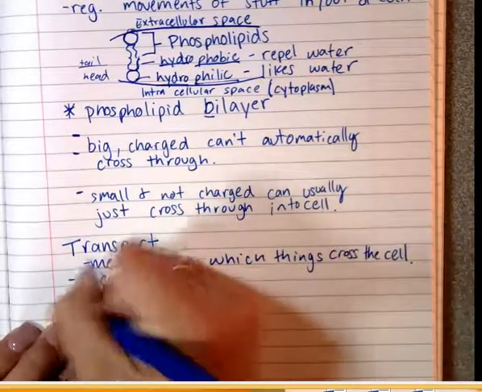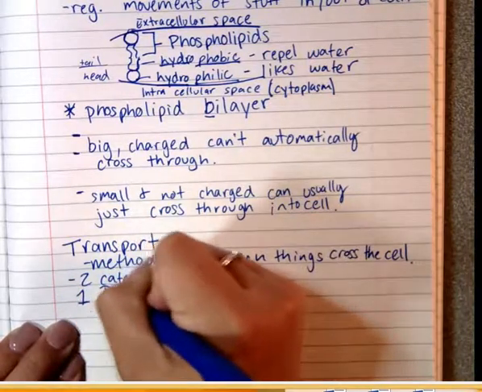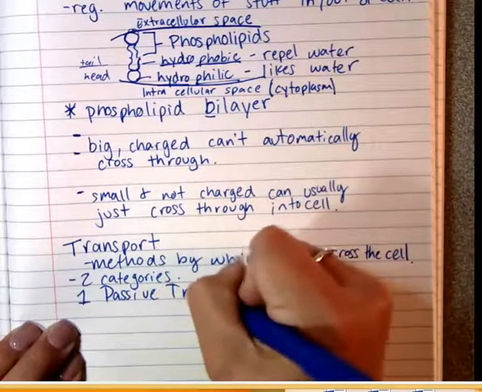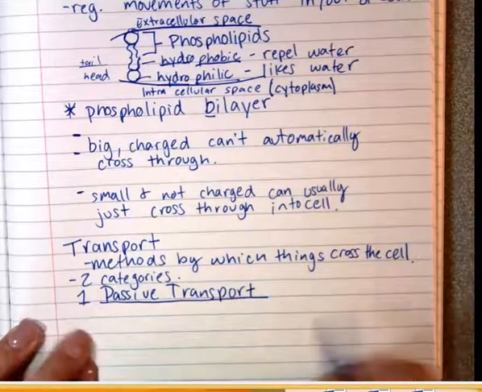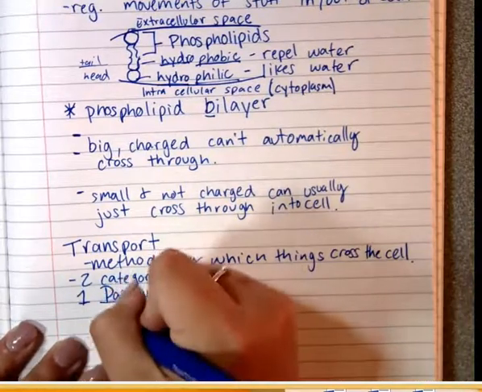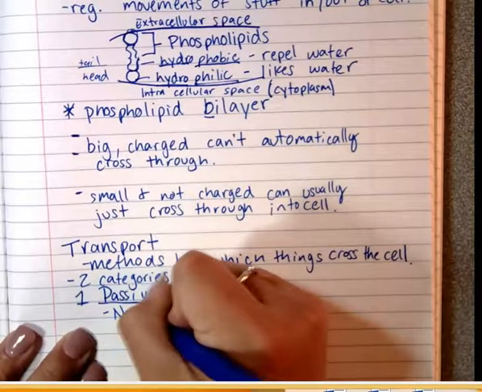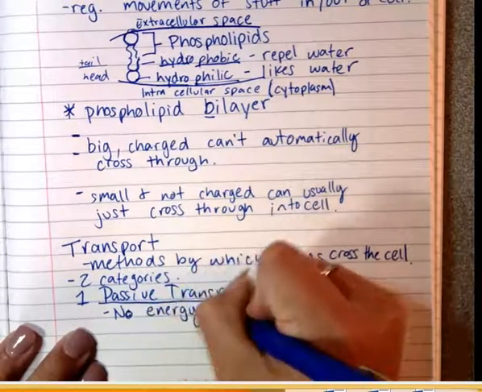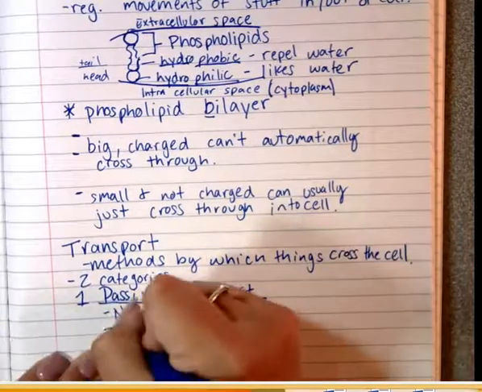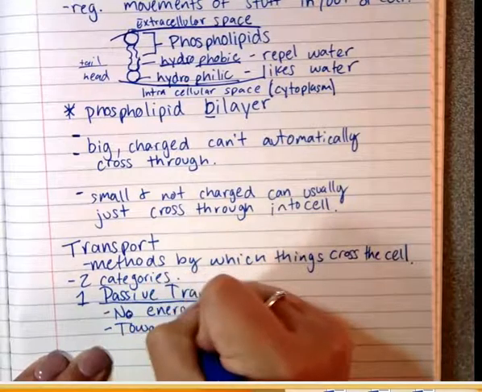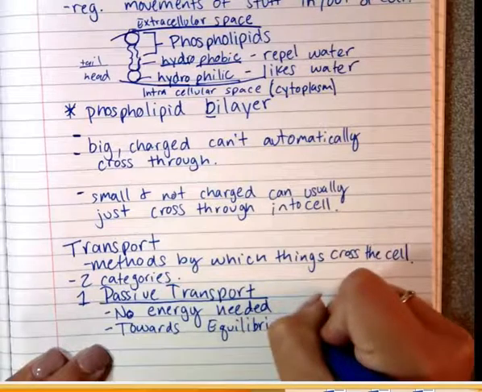The first category is known as passive transport. Passive transport does not require energy, so no energy needed. It moves towards equilibrium, and we'll go over that in a little bit.